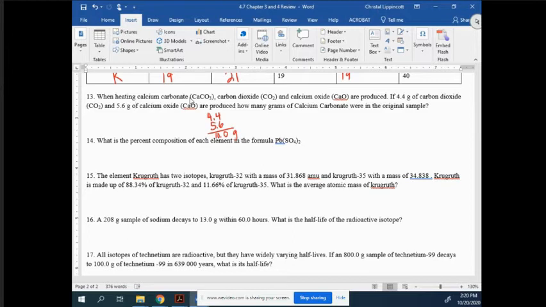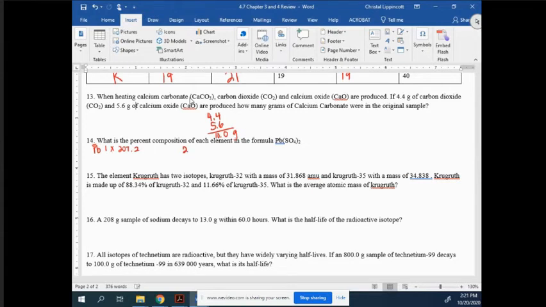All right, then they wanted to know the percent composition for lead sulfate. So we need to find out the mass of each element. We have one lead, and we find on the periodic table lead's mass, which is 207.2.